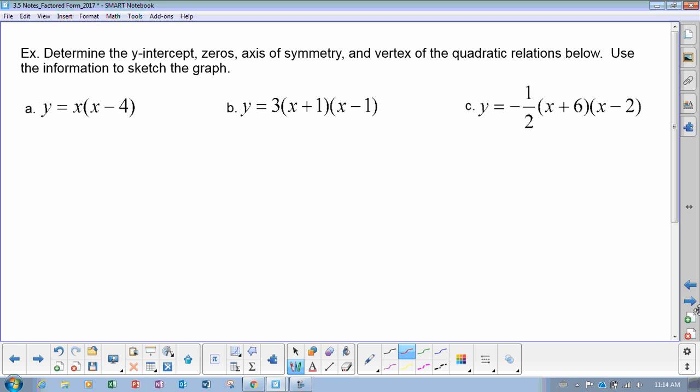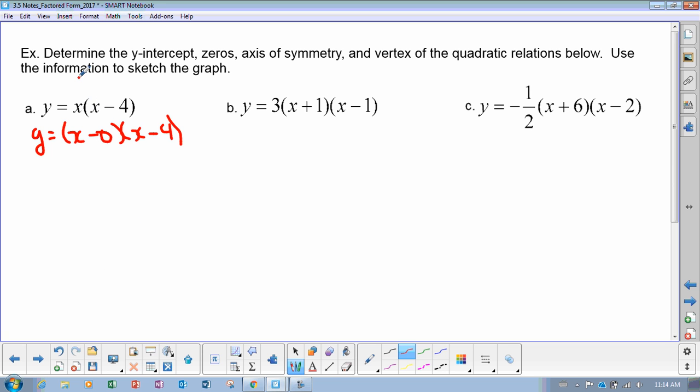Okay, so here's the standard question that we have. Determine the x-intercept, zeros, axis of symmetry, and vertex of the quadratic relations below. Use the information to sketch a graph. So this equation right here, I'm actually going to rewrite it just for now. I normally won't do this, but I really want to emphasize something. In this expression, there are two zeros.